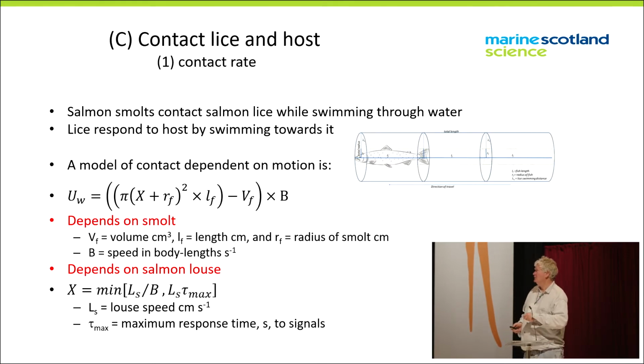Okay, so you've got your concentration. Now you need your contact between the lice and the host. The salmon smolts contact lice while they're swimming through the water, and lice respond to the presence of the smolt by swimming towards it. So essentially, we've created a model which describes this, which is a cylinder within a cylinder. This depends upon the smolt, its volume, length, and radius, and the speed at which it swims through the water, and also on the louse, specifically the speed at which it swims towards the fish, and the duration of the time at which it responds to the signal of the passing of the fish.